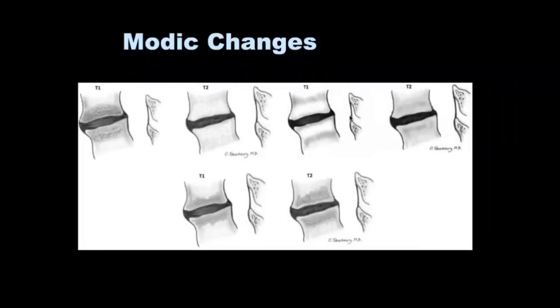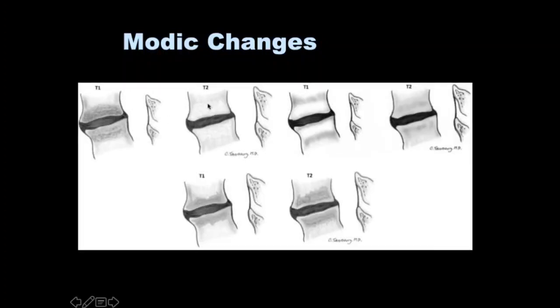Modic changes are very similar to what we would see in any degenerative change in the rest of the body. What you look for is damage to the subchondral bone. That's what we see on the plain radiograph. So when we say subchondral sclerosis, that's a similar thing that you're looking at on the spine as well.